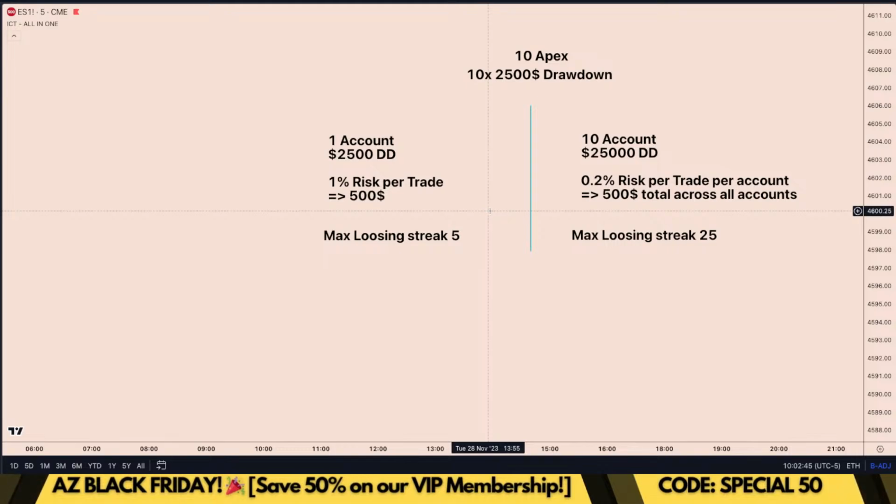So the question now is, why would I do that? What opportunity is being presented here? Well, it's pretty simple. If you have 10 50K Apex accounts, you basically have $25,000 in margin available now with those 10 accounts.